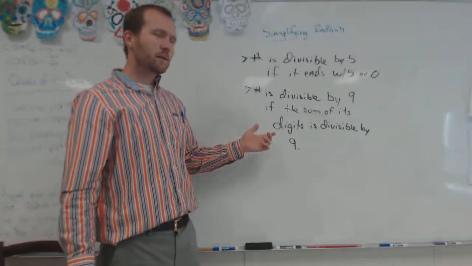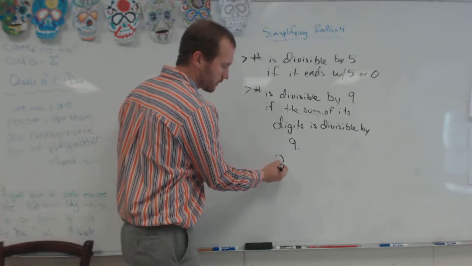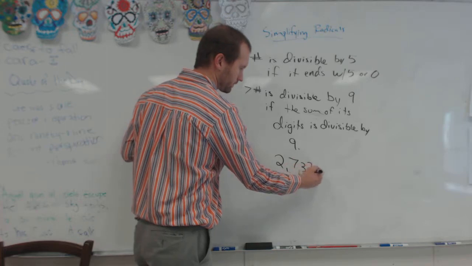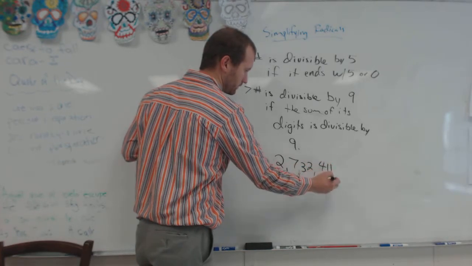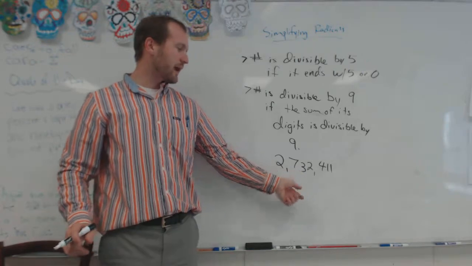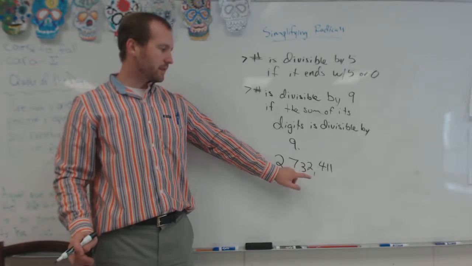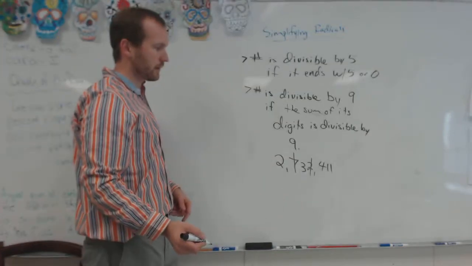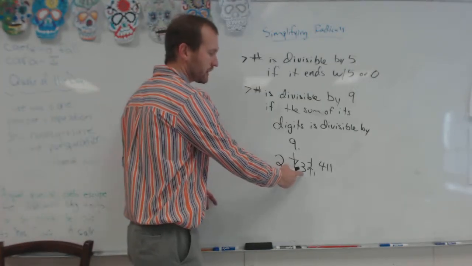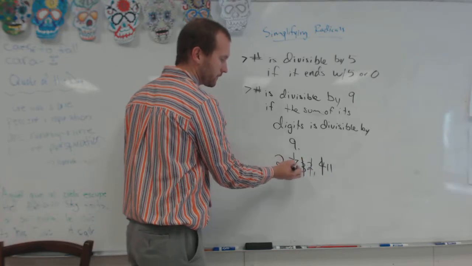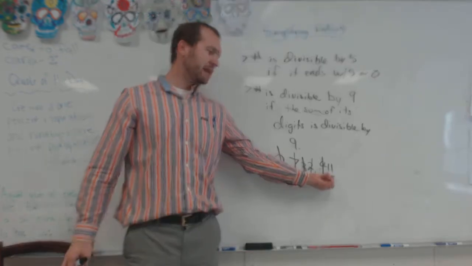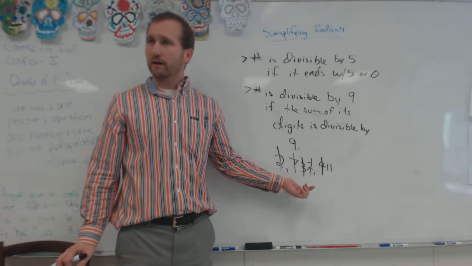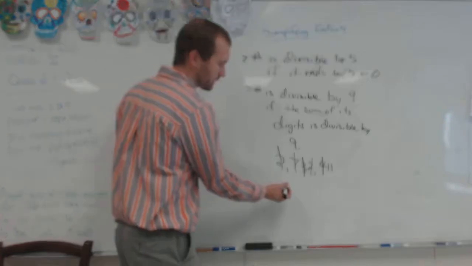And the way that I do this, if I have a really big number, what I do is I look for 9s. So I kind of think, okay, 7 and 2, that makes 9. And then 2 plus 3 plus 4 makes 9. And if I have anything left over, 1 plus 1, I know this number is not divisible by 9.